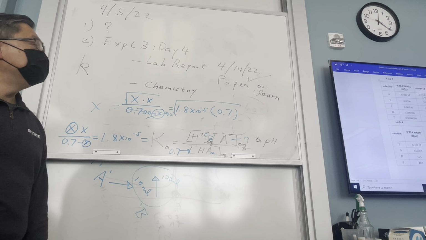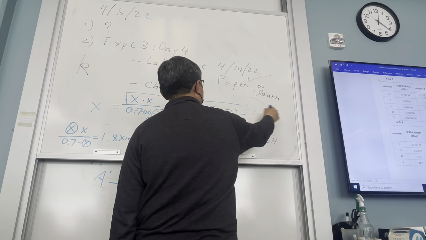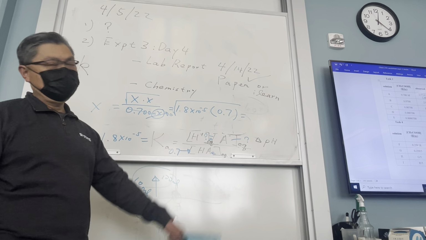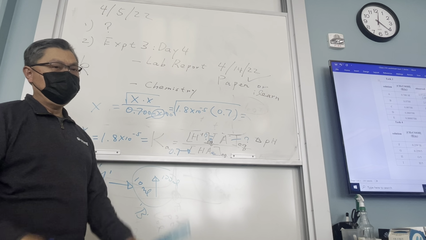Okay? Now, can someone tell me what this number is? 1.8 times 10 to minus 5 times 0.7, and you square root it.